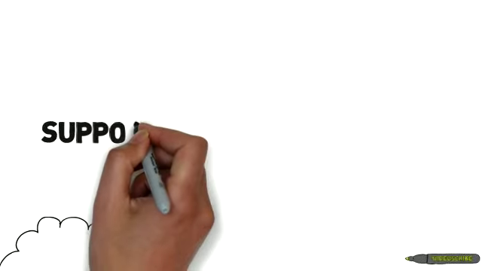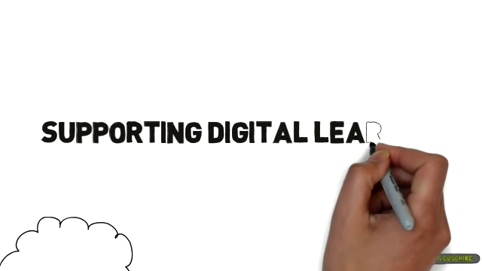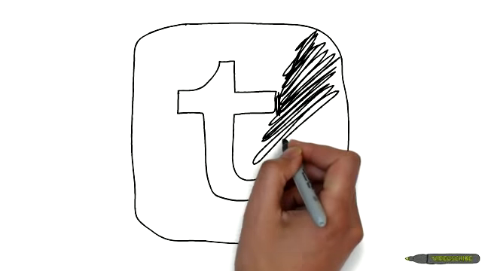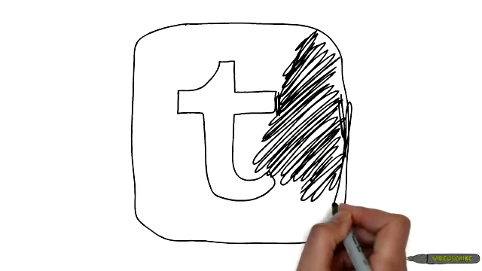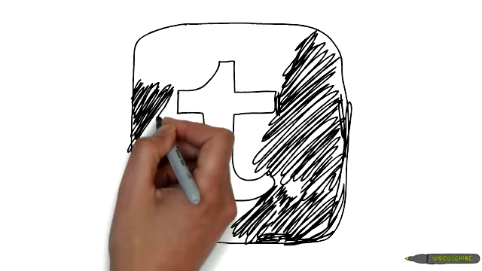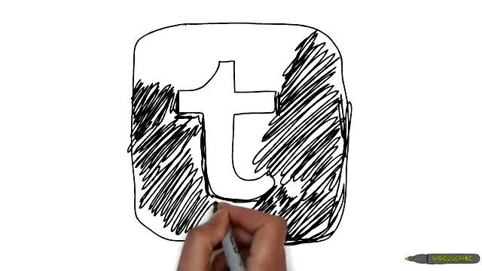Another way to support our digital learning is to explore new methods out there. One of these methods is the use of social media. We need to begin to understand that children want to be constantly connecting with one another. Social media is a really exciting platform that has taken off over the last 10 years.